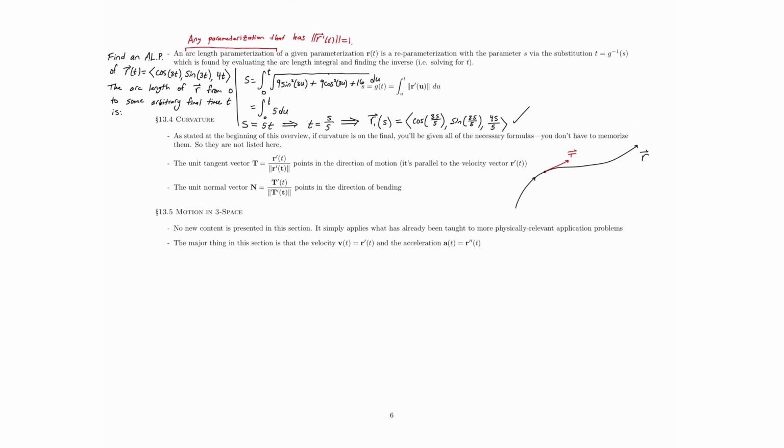The other special vector we have is the unit normal vector, which in this case is right here. This unit normal vector always points in the direction of bending. So T is in the direction of motion.